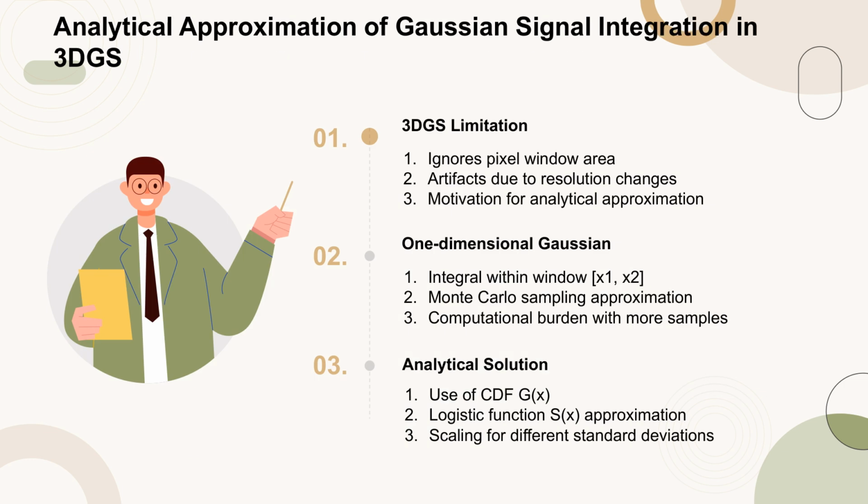Figure 2 illustrates the integration of a Gaussian signal within a pixel window area and compares various approximation schemes used in different methods. The figure shows the ground truth integration, A, the baseline method using 3DGS, B, super sampling with 3DGS, C, filtering with Mip-Splatting, D, and the proposed analytic approximation method, E. Each method aims to accurately represent the intensity response of the imaging pixel by integrating the Gaussian signal within the pixel domain.